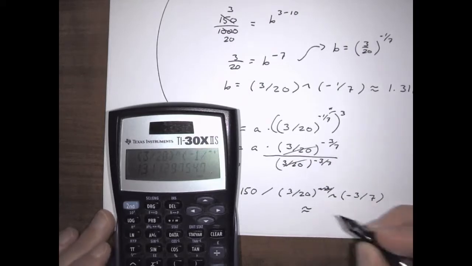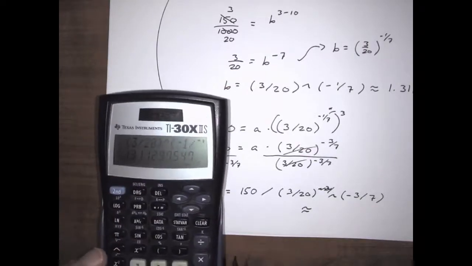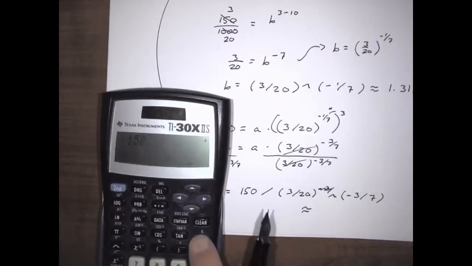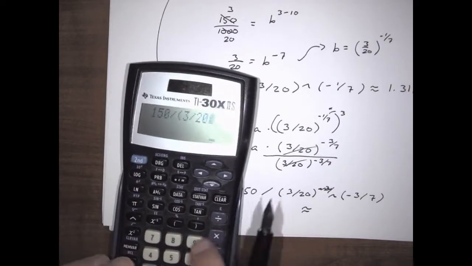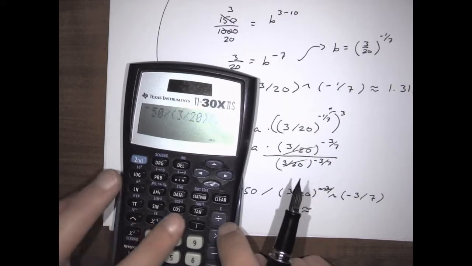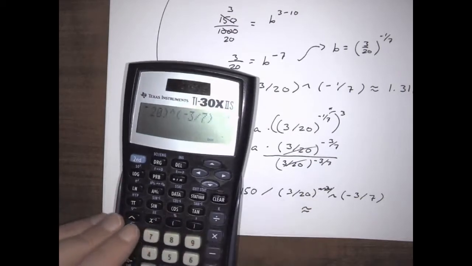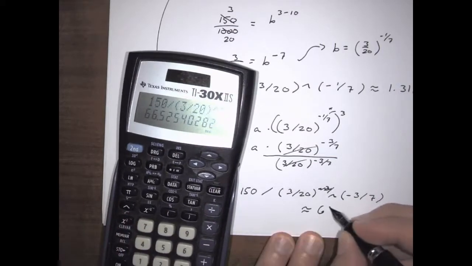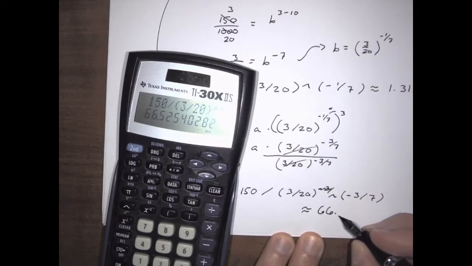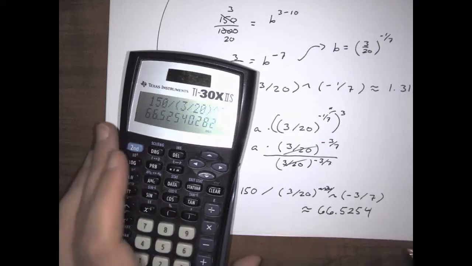And then for the A, that's the same numbers except 150 divided by 3/20ths to the power of negative 3/7. And we have 66.5254, 4 decimal places again.